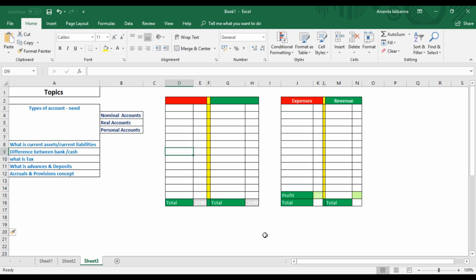And I invest in some vehicles or something else. What will happen? I'm going to use it to do my business. That is not actually my business. That's not my operations. Operations in the sense, whatever I do, manufacture or produce or buy and sell, that's operations. To make those operations happen, we have to set up a business.